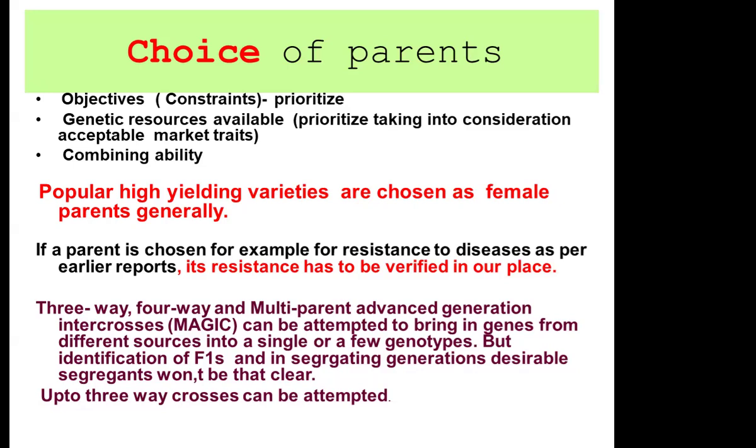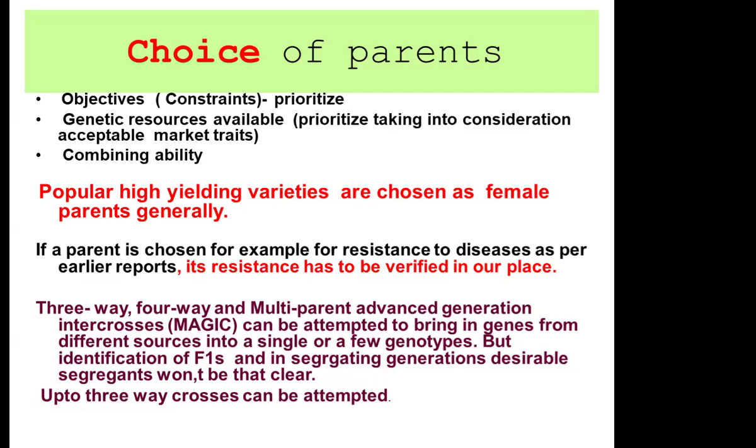That will help a long way in getting good nicking ability. If it is good, we will definitely get good segregants in the next segregating generations. So if it is available, it is always better to consider the combining ability of the parents that we are going to choose, and take that information.